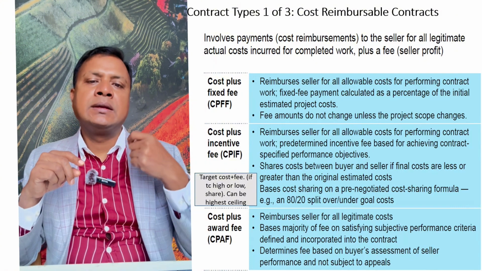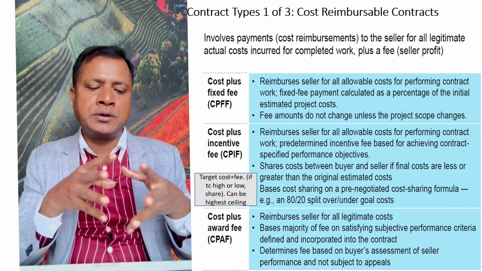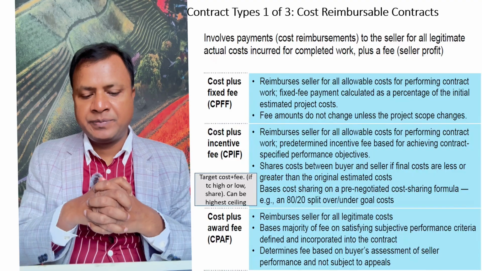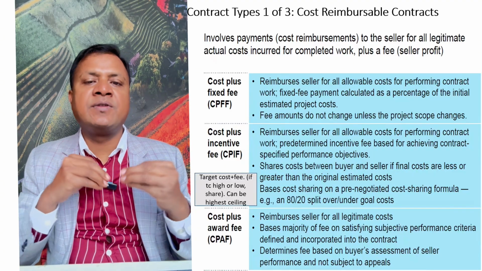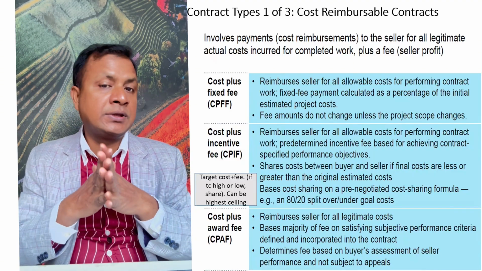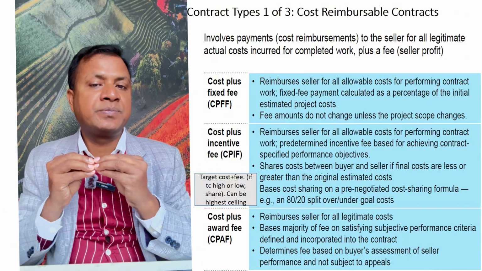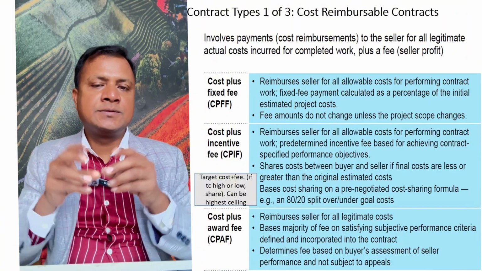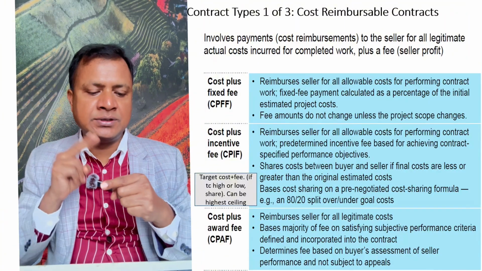Depending on that, they will give some award to the seller. So it can be a different amount. It depends on the judgment of the buyer. So this is actually the difference between these three.